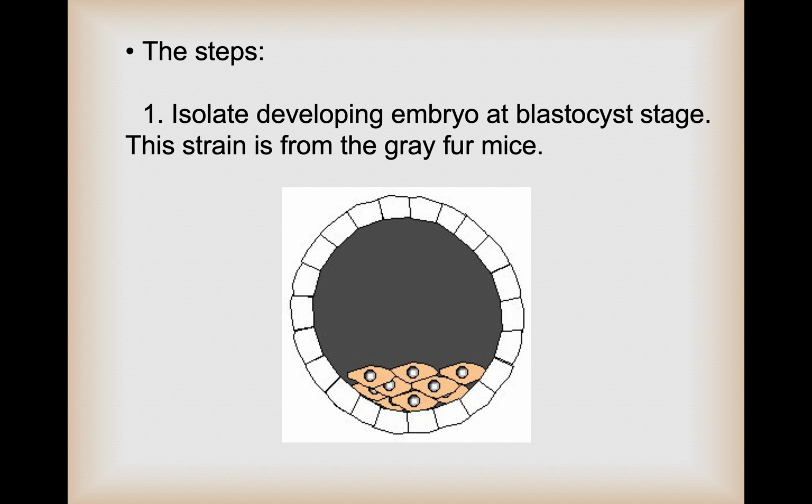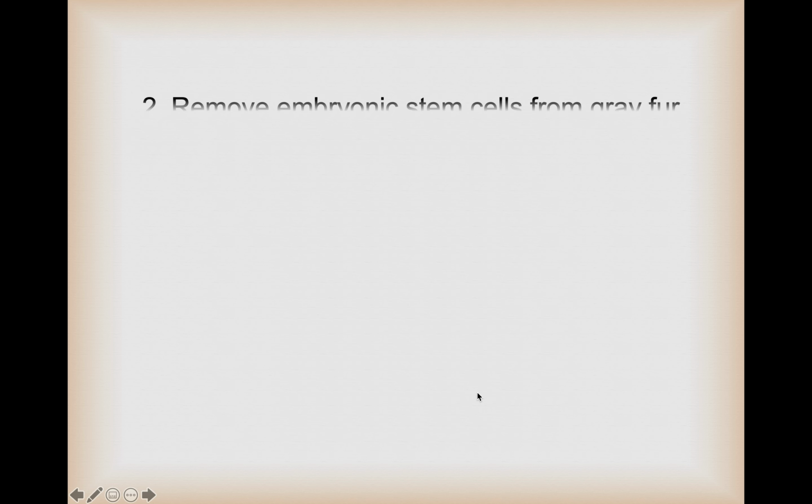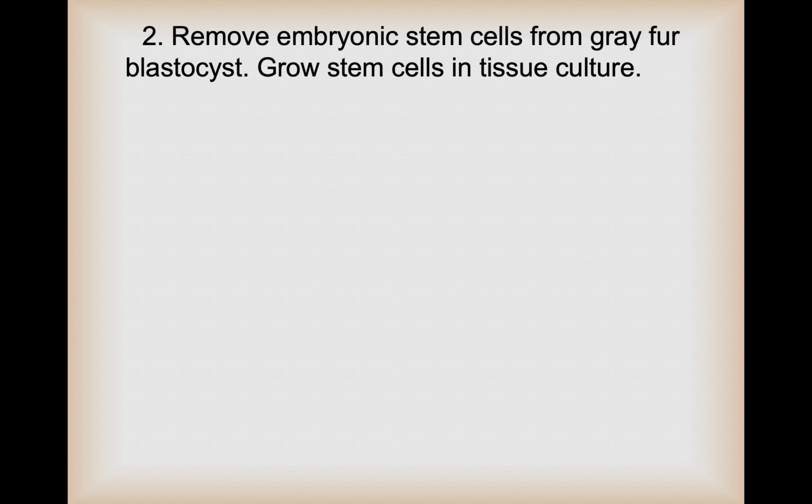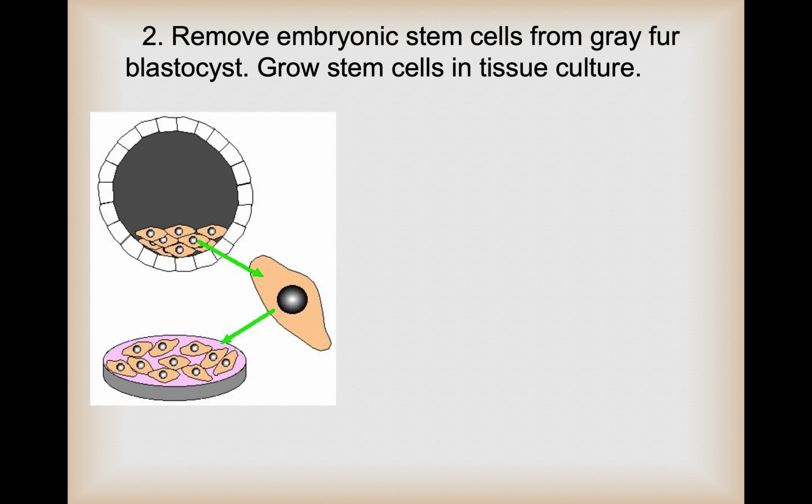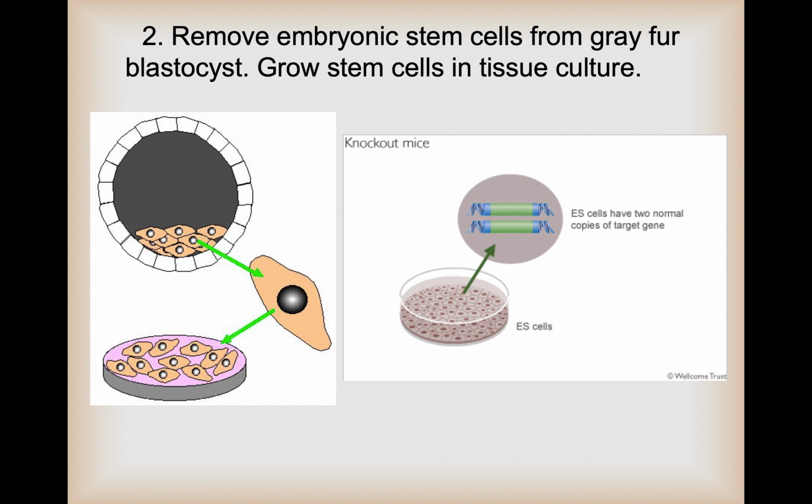So this is your embryo, this is the blastocyst stage, and this is the inner cell mass. Second stage, you remove embryonic stem cells from the gray fur blastocyst and grow the stem cells in tissue culture. Basically this is how it is done. You take the embryonic stem cells from the blastocyst, the inner cell mass, and grow them in the lab.